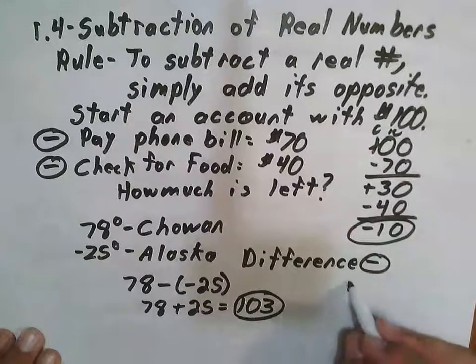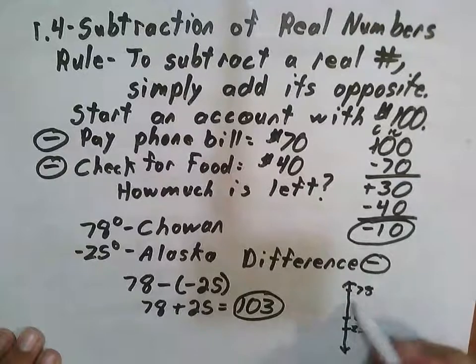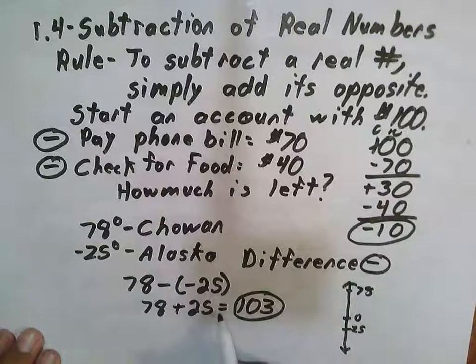Now if I write this out on an actual thermometer, put my 0 here, and let's say 78 degrees is here, negative 25 is down here in Alaska, and 0 is in the middle, you can clearly see that I'm having to add these together to get the correct answer. So once again, I'm just turning this into something easier for me.